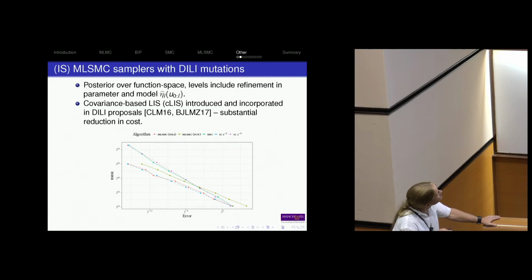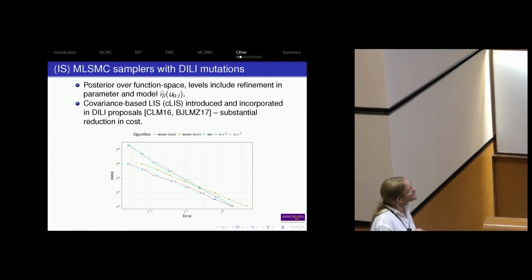So this again is the normal SMC, this line here, and then this is MLSMC using a standard type MCMC proposal that scales well with respect to dimension, so-called dimension independent or function space MCMC. This one, and then the DILI MCMC is this red one.